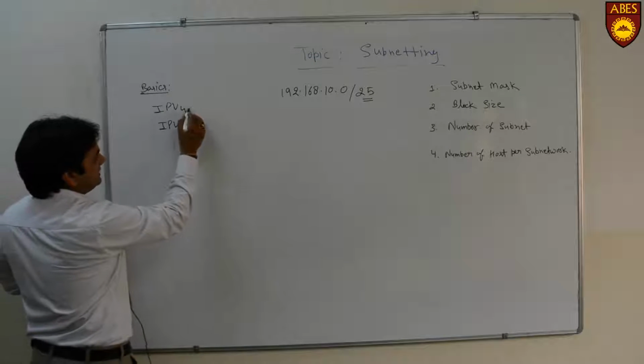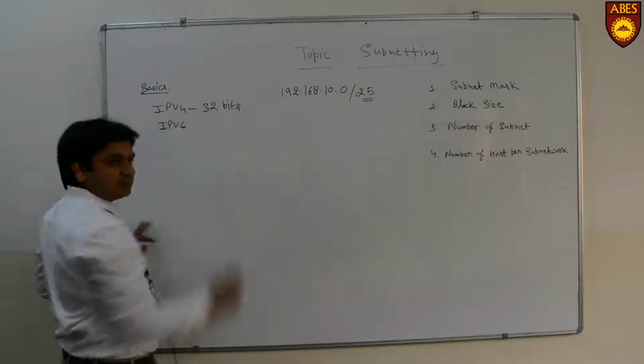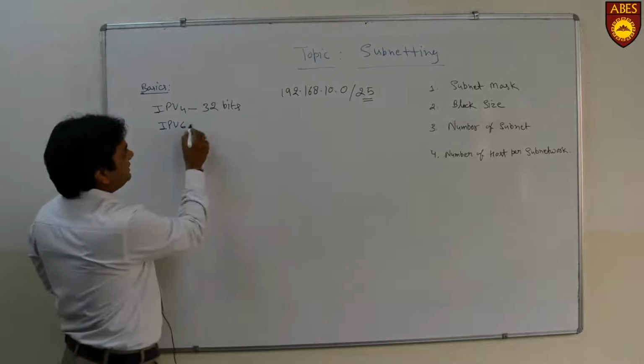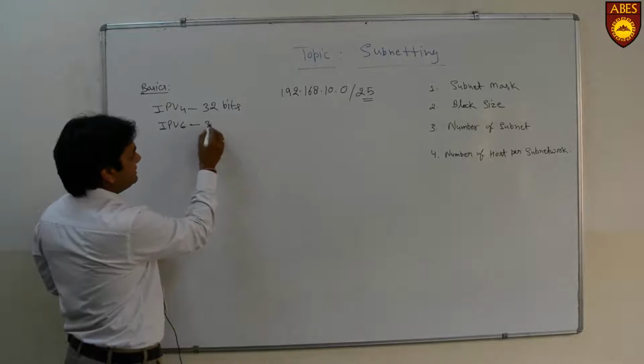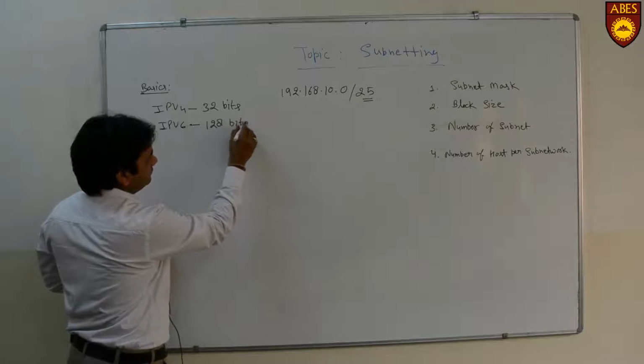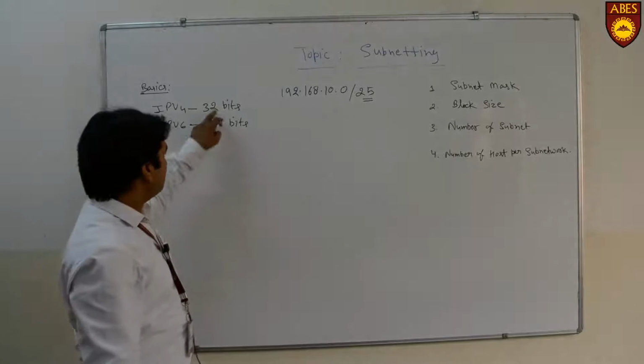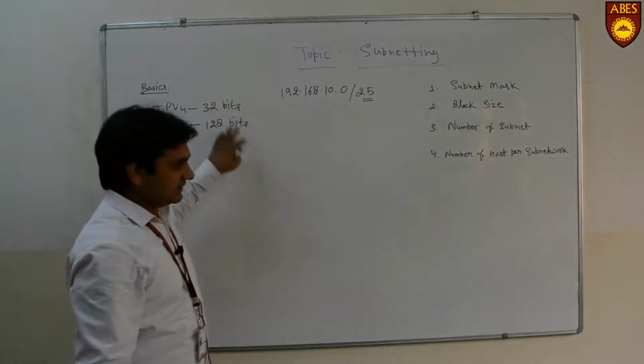In IPv4 the length of the address is 32 bits, and in IPv6 the length of the IP address is 128 bits. We are considering an IPv4 address here, so let us talk about the IPv4 32-bit address.